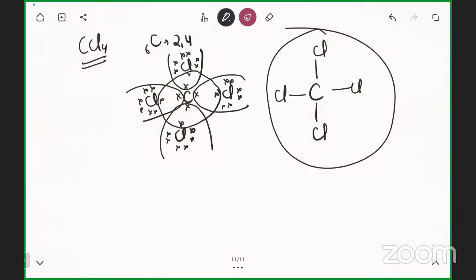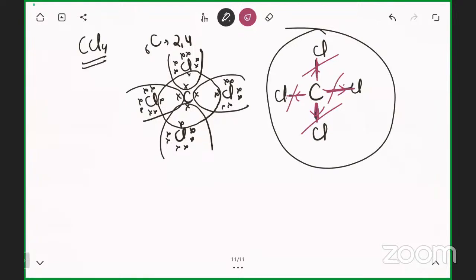See, this Cl is also electronegative, this Cl is also electronegative, and this Cl is also electronegative. So when one Cl starts taking the electron pair towards itself, at that same time this Cl will also take, so this will cancel out this one. In the same way, when this Cl tries to take the electron pair towards itself, the opposite Cl does the same, and it cancels the movement in both directions.